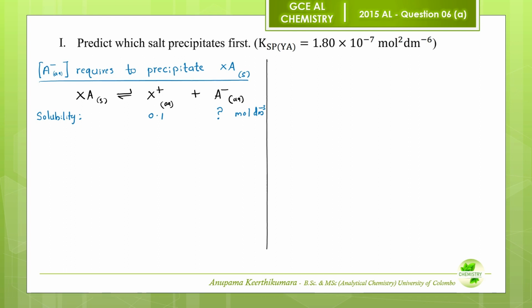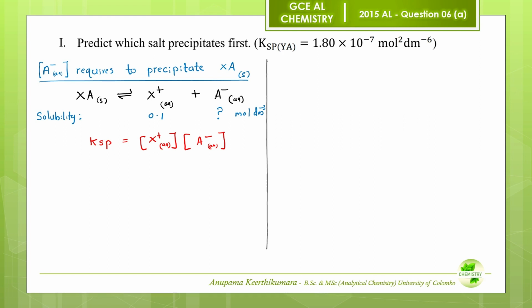For that, we can use the Ksp expression. Ksp equals concentration of X plus ions times concentration of A minus ions. We calculated the Ksp value of XA during question number 1.